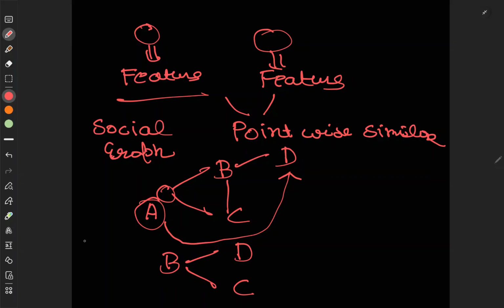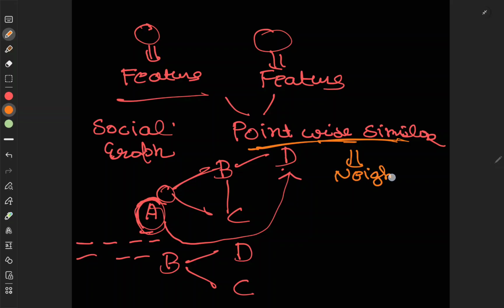If I am showing recommendations to A, then D could also be a possible recommendation. So we don't have to just consider his features, we have to consider his neighbors' features as well, to make sure that we are showing all the possible recommendations. We can't just go with pointwise similarity. We need something a bit more complex which takes care of the neighborhood as well. Here neighborhood means whatever people this guy is connected with.